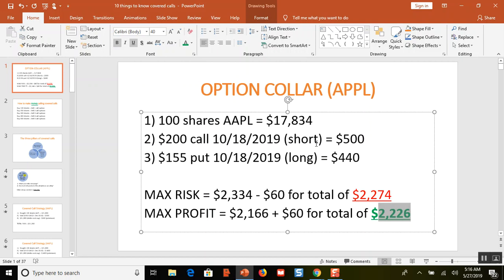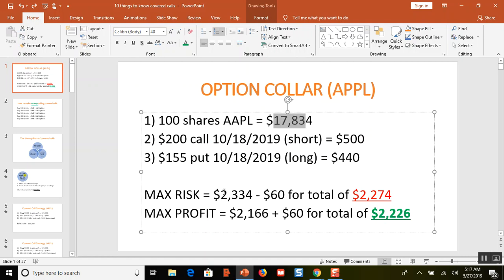You're saying, okay, I'm going to try to make $2,226, which is better than 10% return. So it's like what, 178. 10% return would be $1,783, right? That would be 10%. Oops. Let me take that back there. $1,783, right? And so that's about a 14% return.